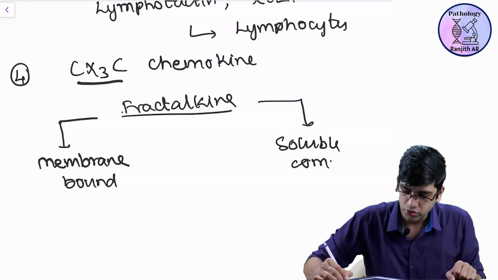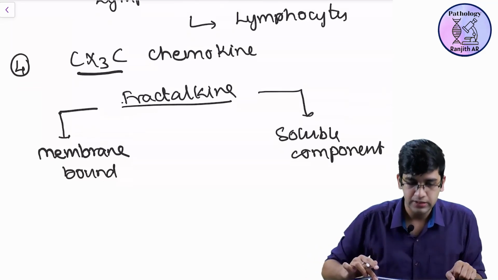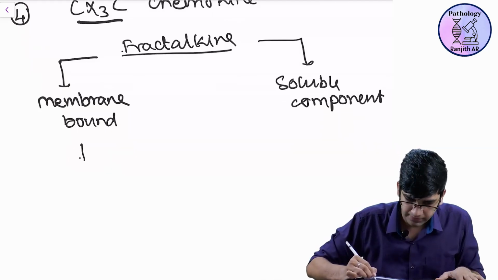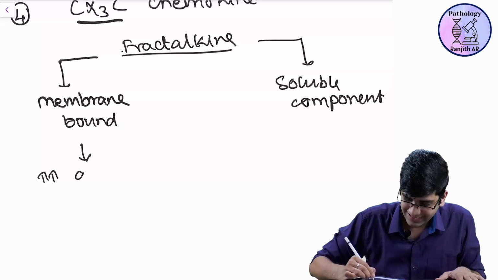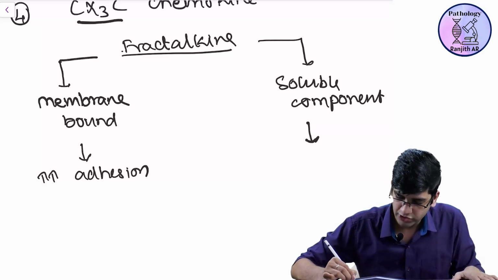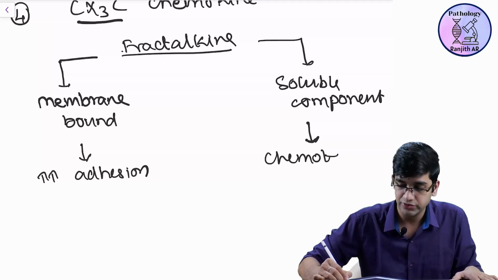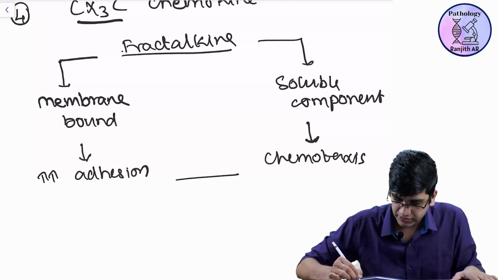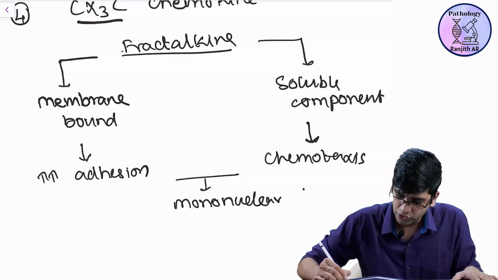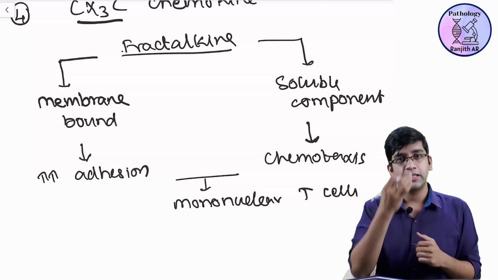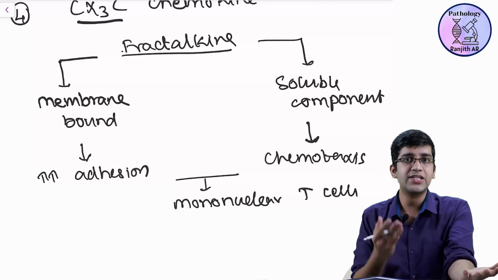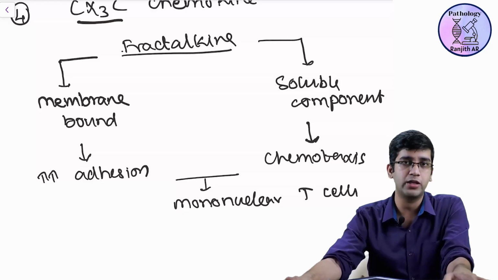Both deal with one group of cells only, but the membrane bound component helps in adhesion or activation of that cell, and the soluble component helps in the chemotaxis of the cell, that is movement of the cell. Which cell? It is mononuclear T lymphocytes. Fractalkine is going to bring me mononuclear T cells, both for adhesion as well as for chemotaxis, for movement as well.